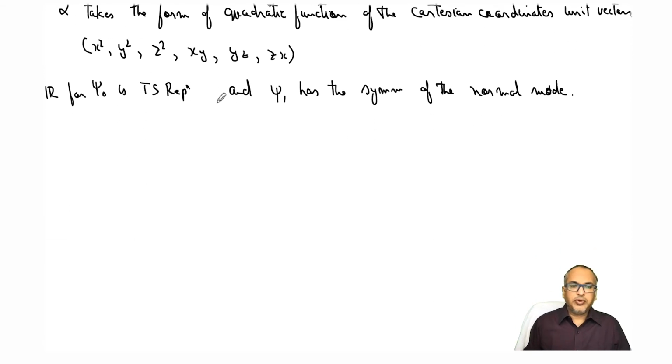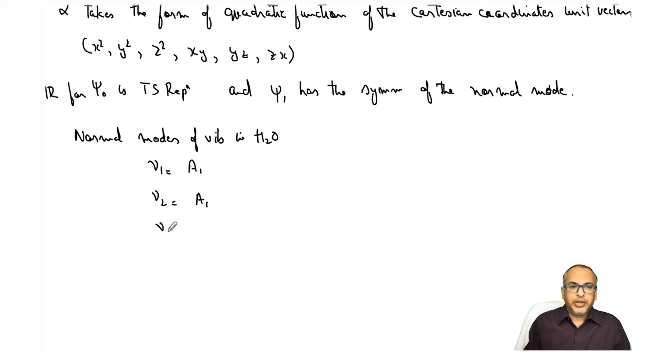So now we know the symmetry of all three. So now we have to see whether the integration will survive or not in a particular case. So now let's see the normal modes of vibration in H2O, let's write it systematically. So you have A1, nu2 will be A1, and nu3 will be B1, right?